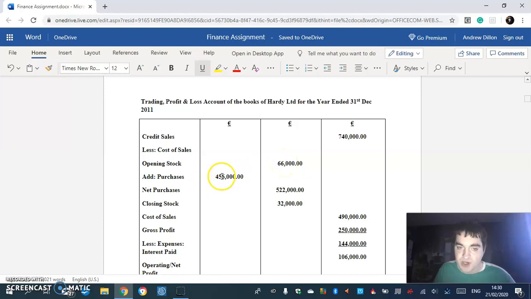This is my purchases figure, which is 456,000. Here's my net purchases of 522,000. I minus that from the closing stock, which is 32,000, and my answer is going to be 490,000 for cost of sales. And then in this section, I take away the cost of sales from the credit sales, and my answer will be 250,000.